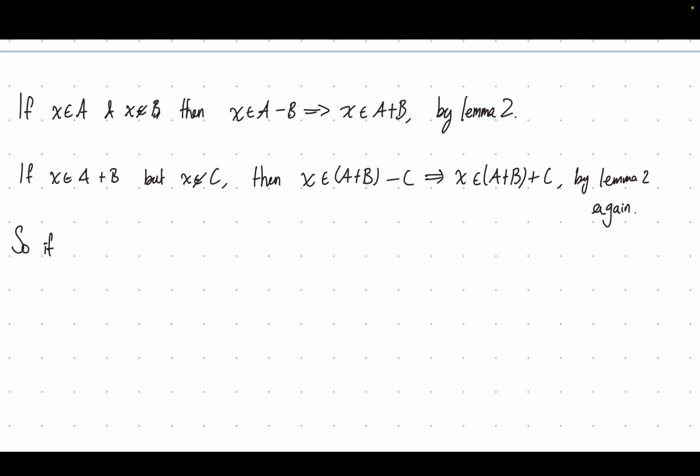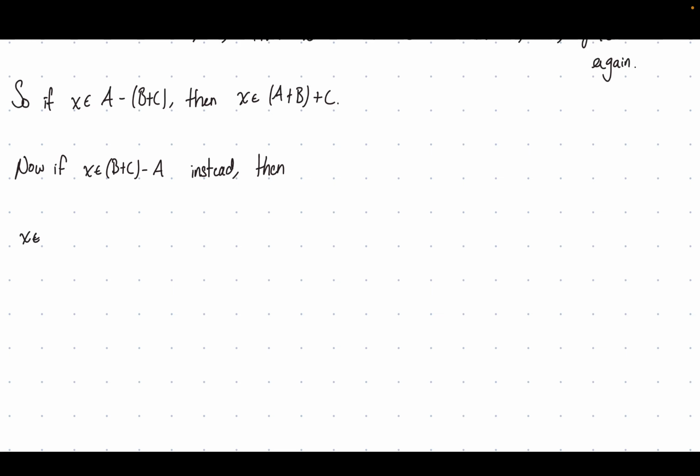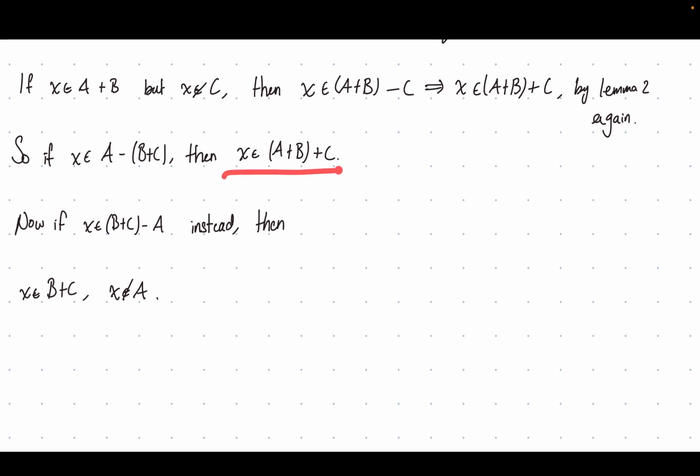So if x isn't A minus B plus C, then x isn't A plus B plus C. Now if x isn't B plus C minus A instead, then x is in B plus C, x is not in A. And now we want to show that this also leads to us arriving at this fact.